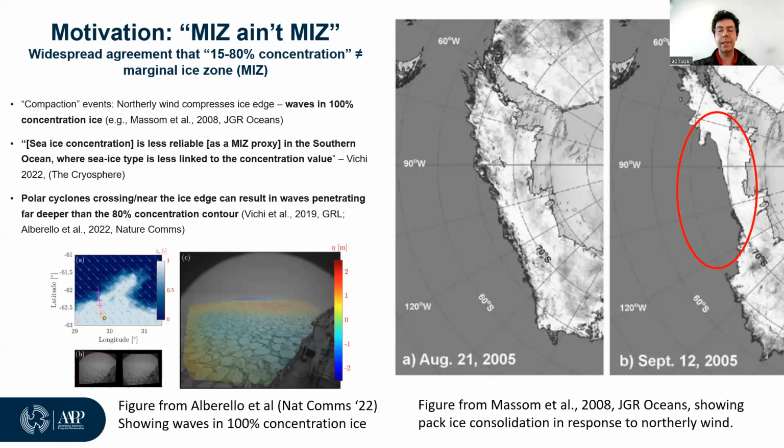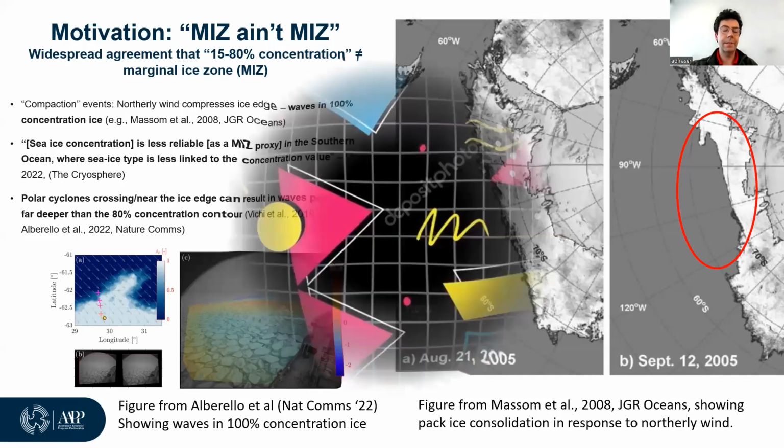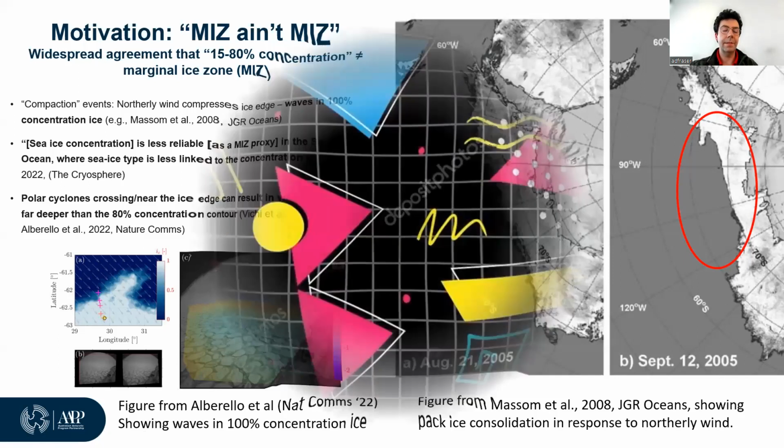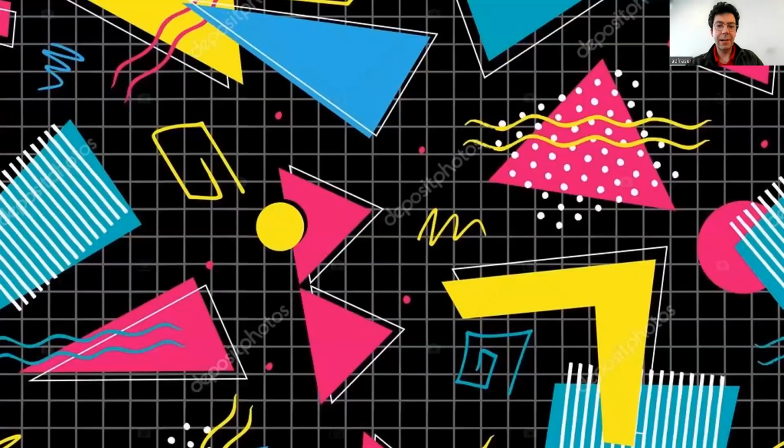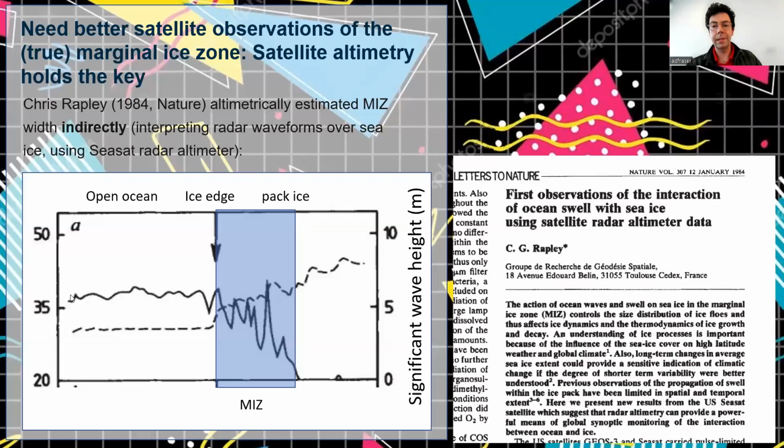Now I ask you all to cast your minds back to 1984. One thing happened in 1984: this great paper by Chris Rapley, entitled "First Observations of the Interaction of Ocean Swell with Sea Ice from Satellite Radar Altimeter Data." Now, in that paper, he used a satellite which was able to retrieve open ocean wave height.